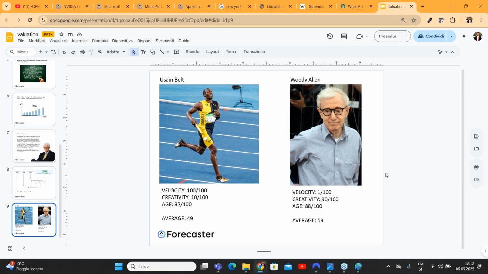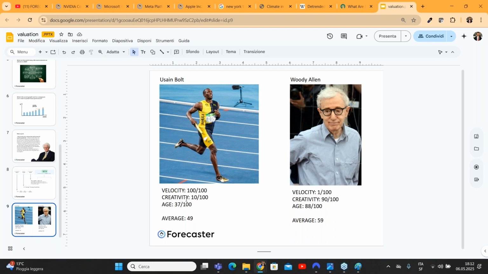This is why we use different methods, because we are approaching many companies inside the forecaster, and if we use only one method, maybe we can evaluate Woody Allen with something that doesn't fit him. So in this case, for example, we evaluated Usain Bolt 100 on 100 regarding velocity, 10 on 100 regarding creativity.